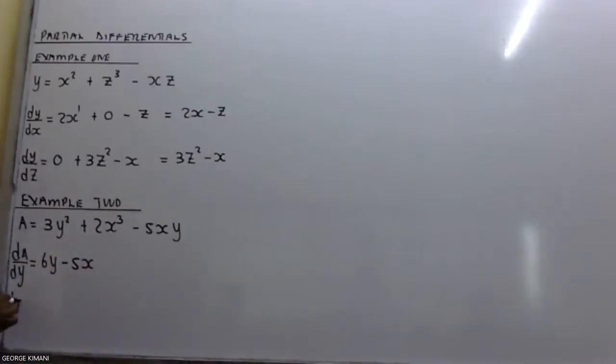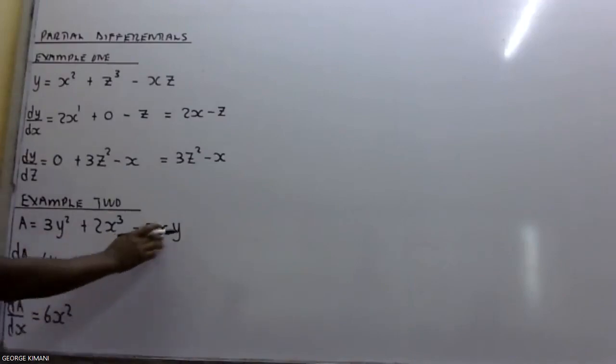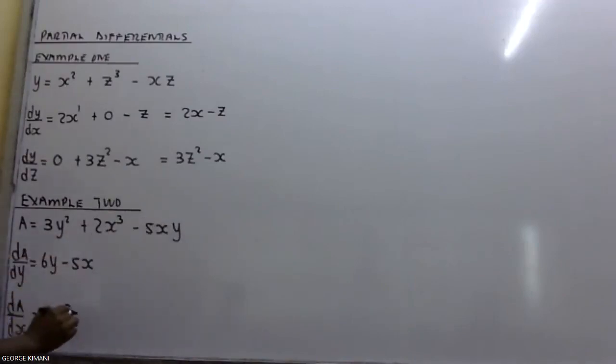Then the differential of a with respect to x. This becomes 0 because it doesn't have x. This now becomes 6x squared. This becomes 1, so we are left with minus 5y. That's what we call the partial differential.